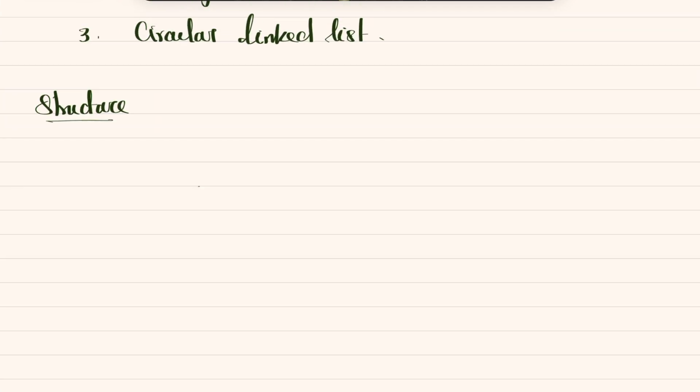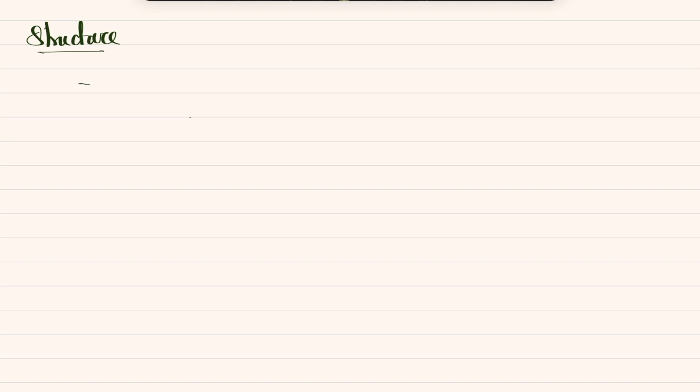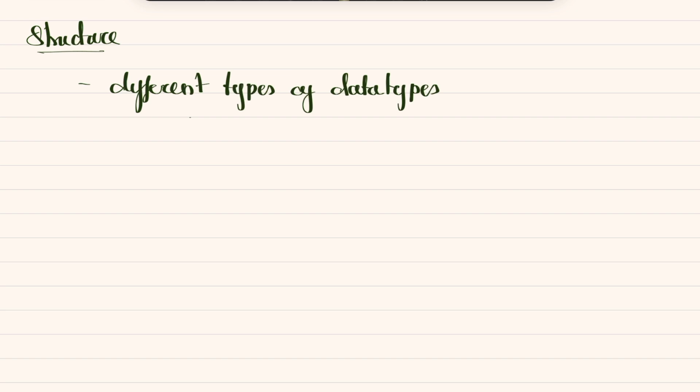If you are going to implement the concept of singly linked list or any other linked list, first you have to focus on the structure. In the structure concept only, we are going to implement the collection of nodes. Structure is a collection of different types of data types. The structure has the keyword struct.